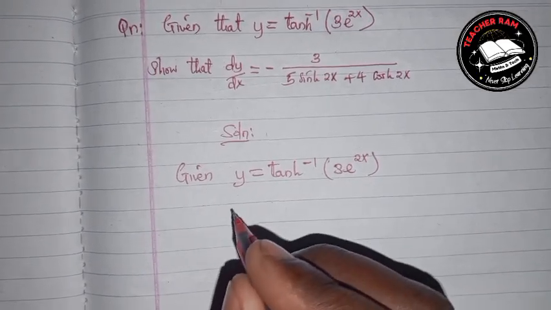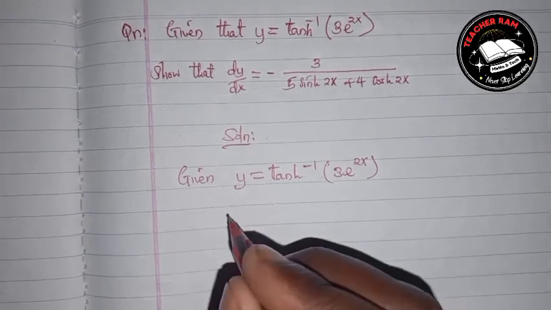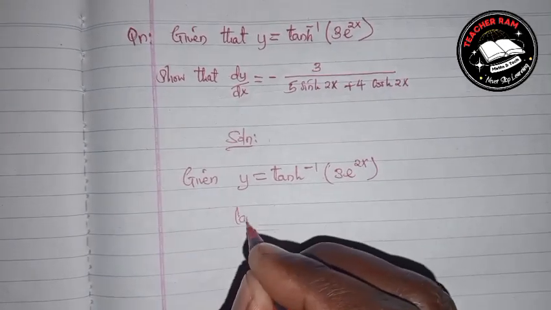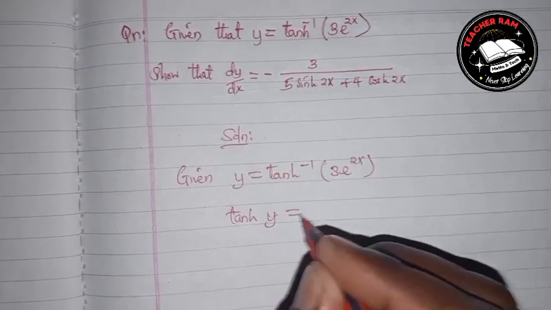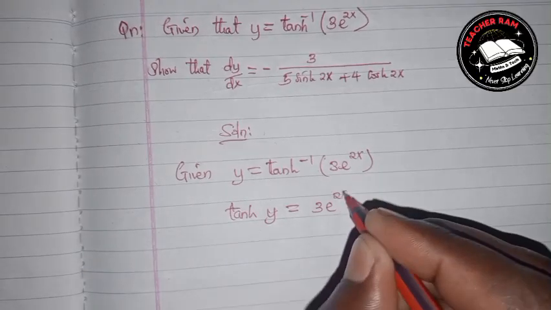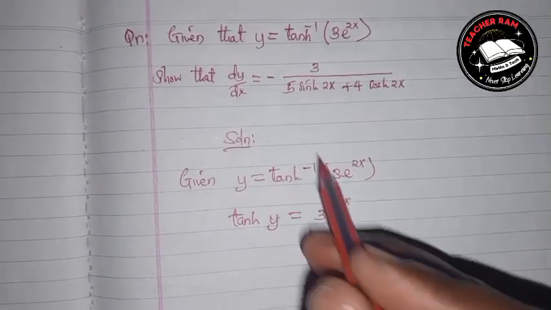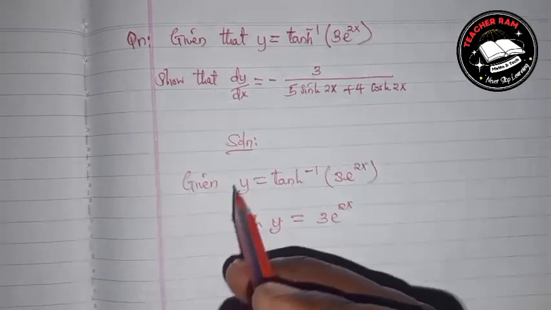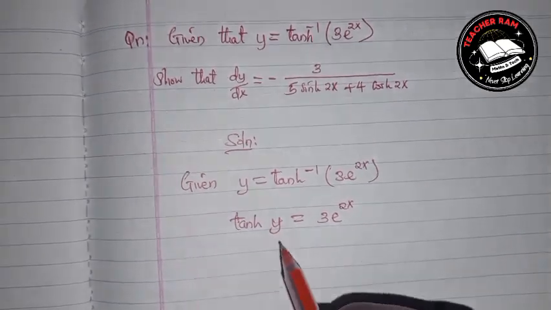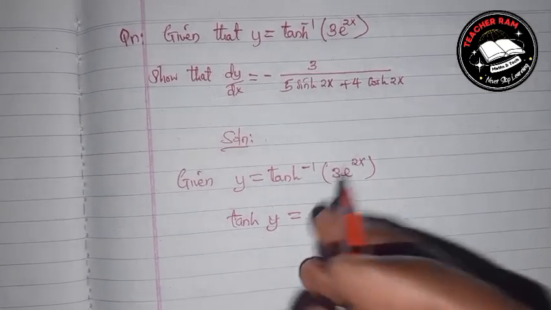So this means that tanh of y is equal to 3e power 2x. Taking the tanh on both sides, tanh of y is equal to 3e power 2x.